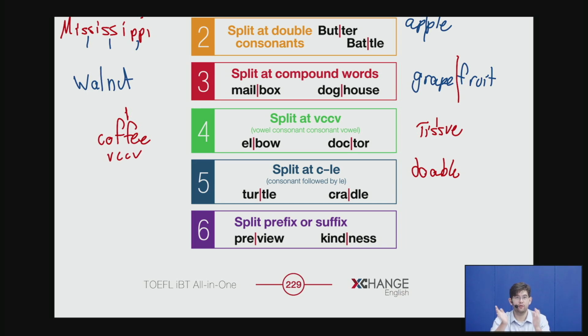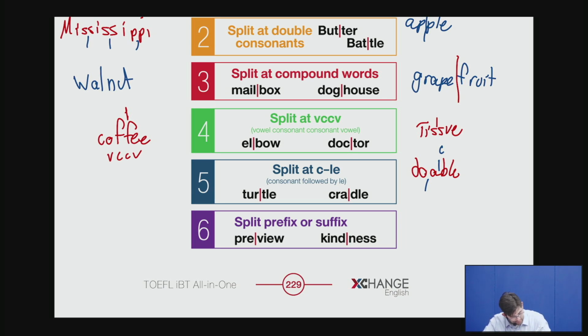So if things are doable, we have to split it right here. We split at do, and we have that consonant LE, and we do a split right there. So doable is 3 syllables. Do-a-ble, as this works.